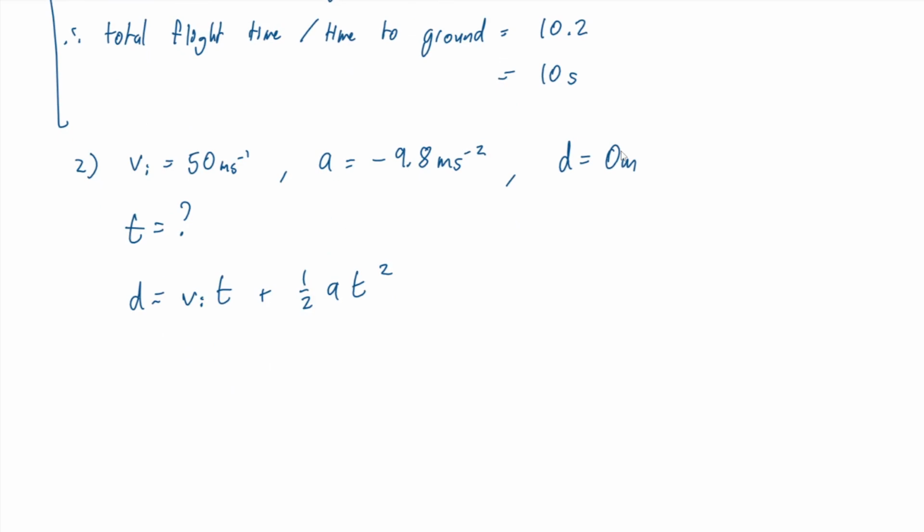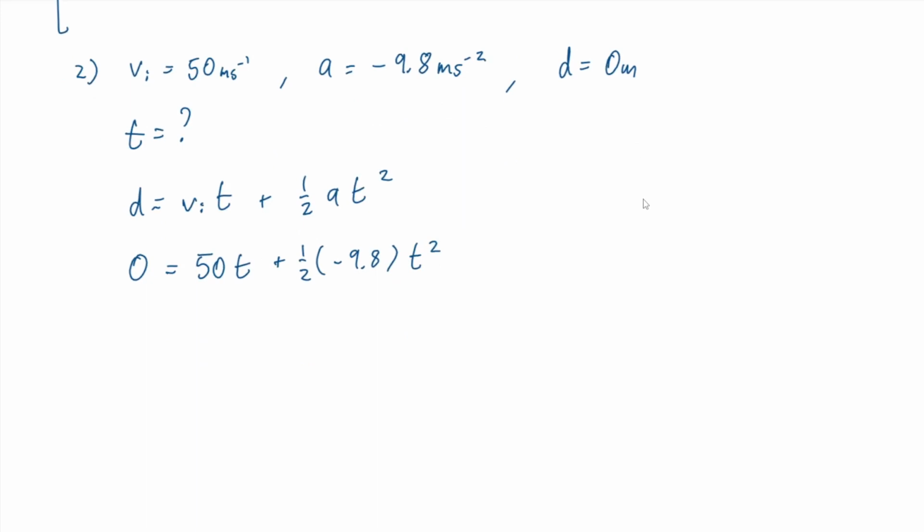So substituting in the known values, distance is 0, initial velocity is 50, half times a, well, that's half of negative 9.8, and t squared. As a reminder, we're solving for t, so t remains as an unknown. That'll become minus 4.9 t squared.